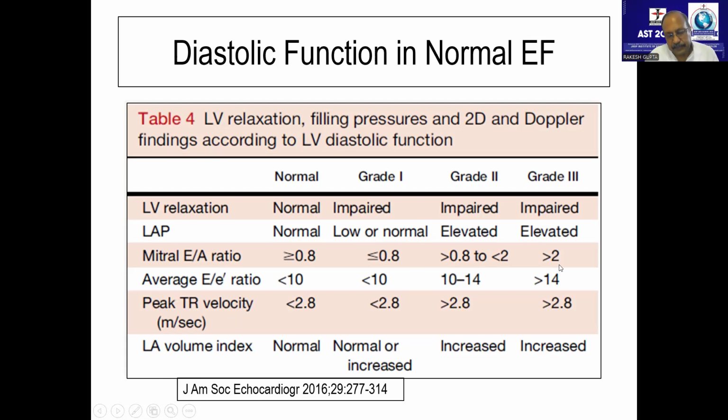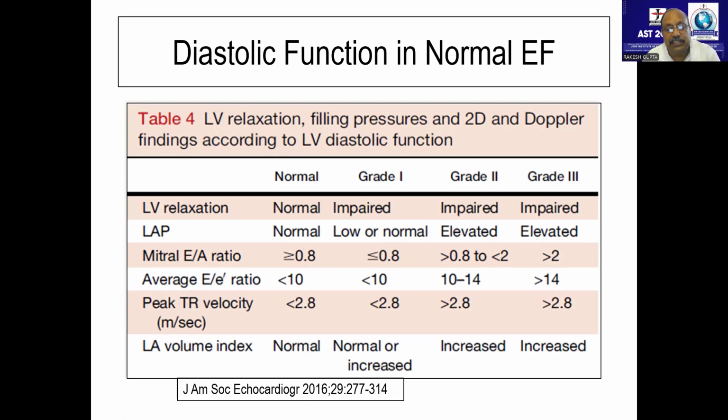As the denominator is increasing, because in the EA ratio A is increasing gradually. Now, A is reducing, E is increasing. Initially, what happens? Normal EA ratio is more than 0.8. It means E is taller, A is smaller.